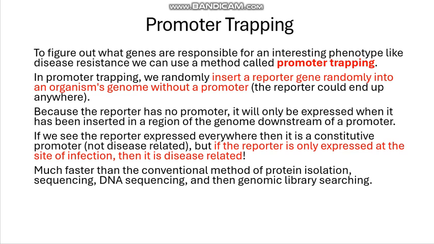This method is a lot faster than the conventional method of isolating a protein, sequencing it, sequencing the DNA, and then comparing the structure of the gene in a genomic library with different organisms to try and infer what it does.